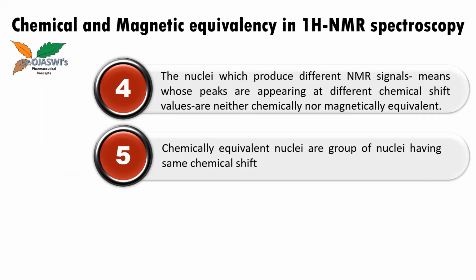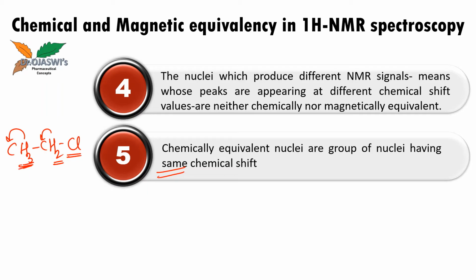Now I am talking about those nuclei which are chemically equivalent. These are groups of nuclei having the same chemical shift value. As I told you in the earlier example, CH3CH2Cl, these two are attached to the carbon which is directly attached to chlorine, and these three are attached to the carbon which is attached to CH2Cl.